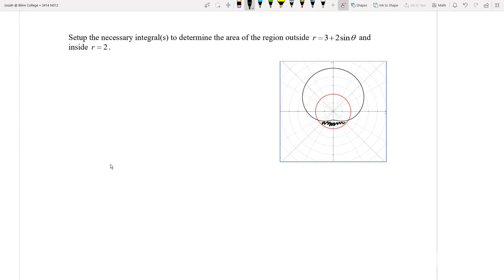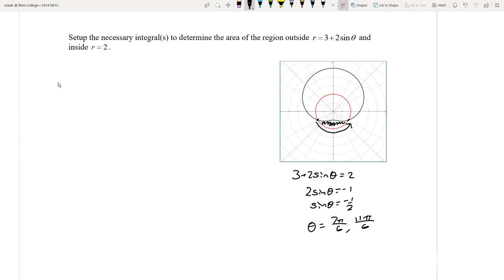that guy in there. And so remember that our intersection we found by setting them equal to each other here. We got 2 sine of theta equals negative 1, sine of theta equals negative 1/2, and we set it up to be theta is 7 pi over 6 and 11 pi over 6. In this case, if we look at how theta changes from 7 pi over 6 to 11 pi over 6, that is actually this little space in here.